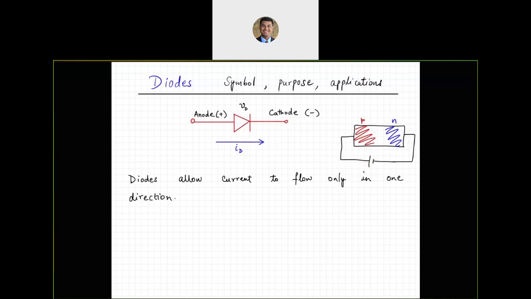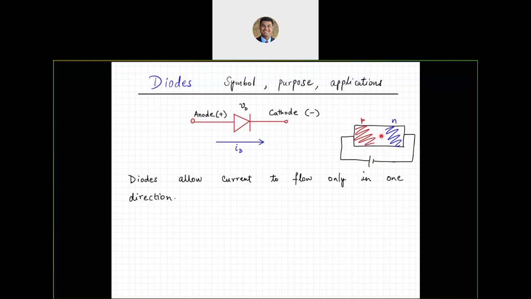The positive terminal and the holes over here are going to repel, and the negative terminal and the electrons are going to repel. And because of that, the intrinsic layer in the middle of these two p and n type materials is going to be very, very small, because now all the charges are pushed close to each other.